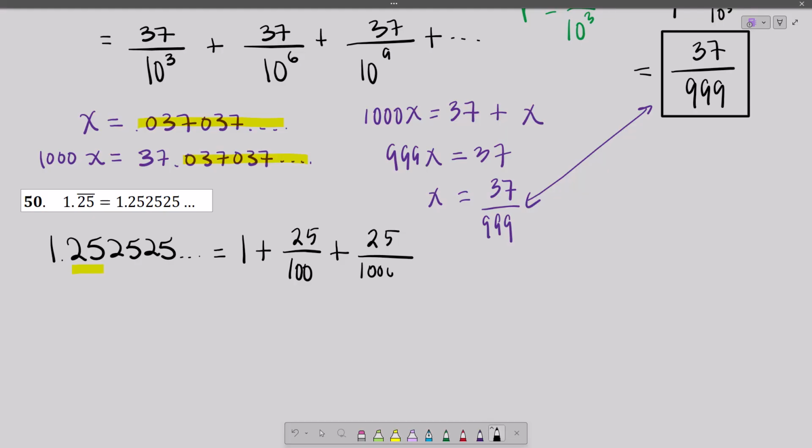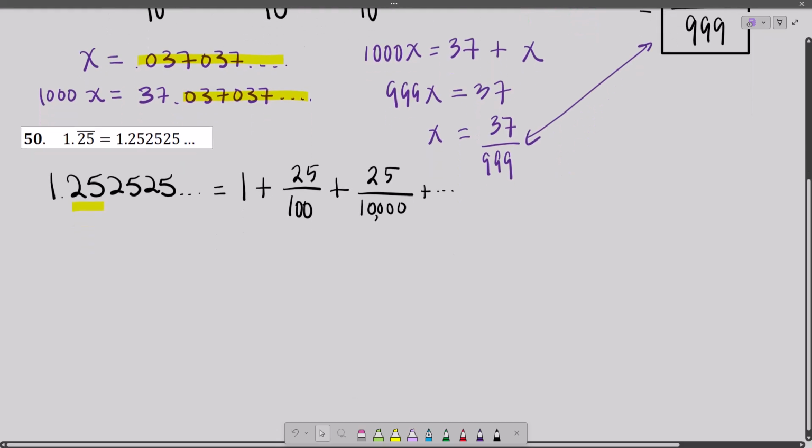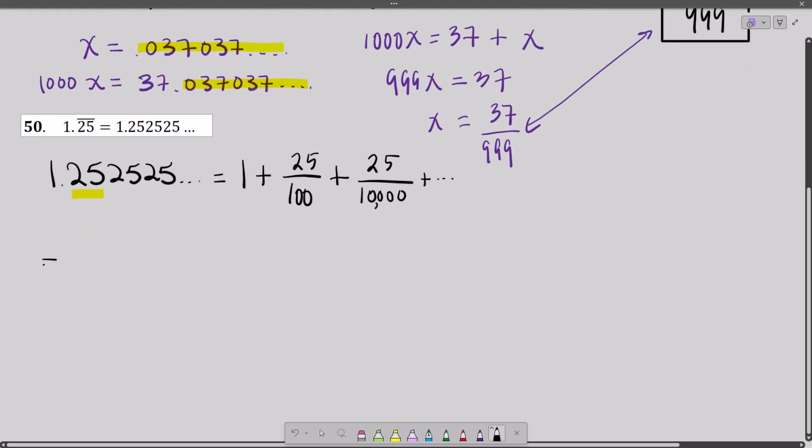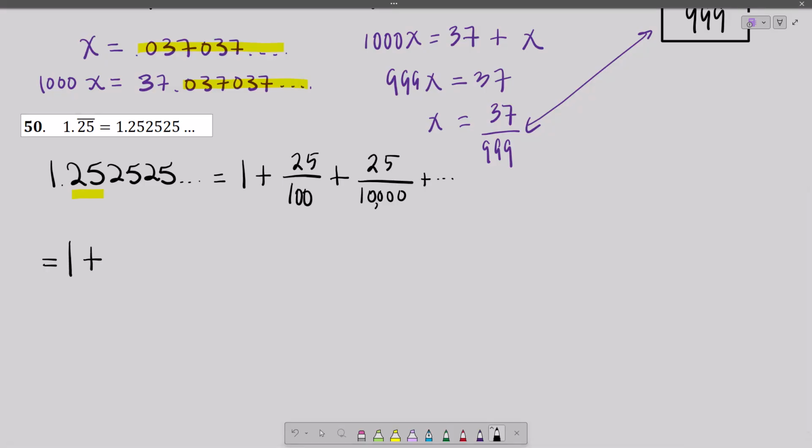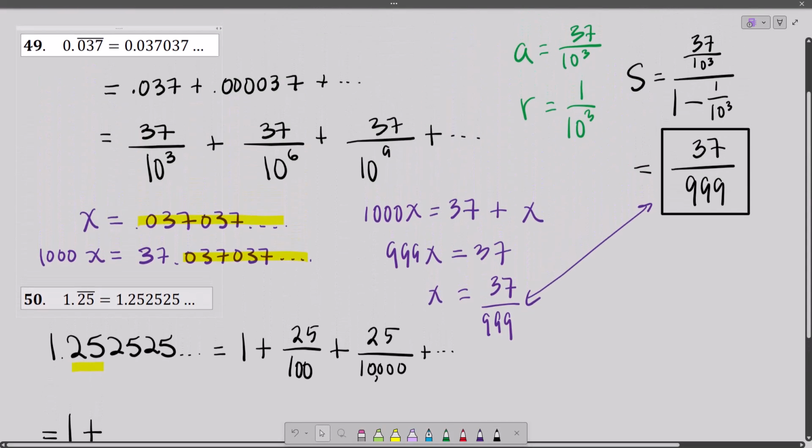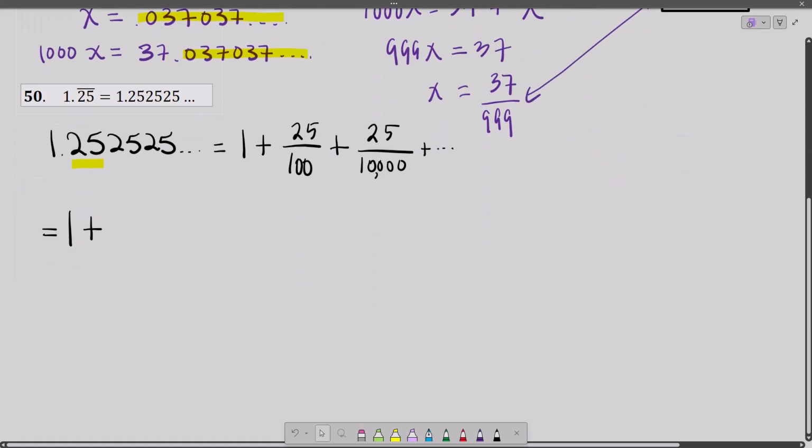It's going to be 100 times 100, 10,000, plus etc. So this is going to be equal to 1 plus, we didn't write this one as a summation. Let's write this one as a summation just for practice.